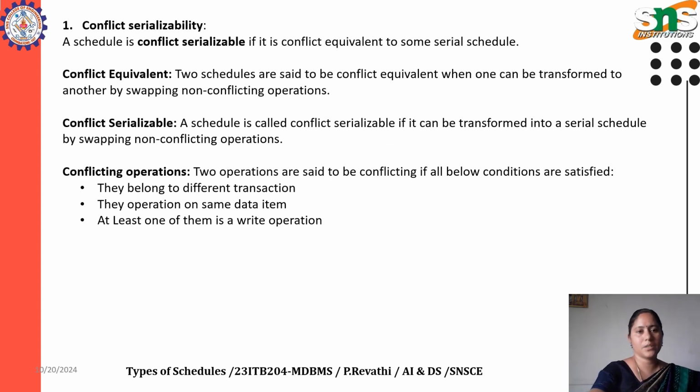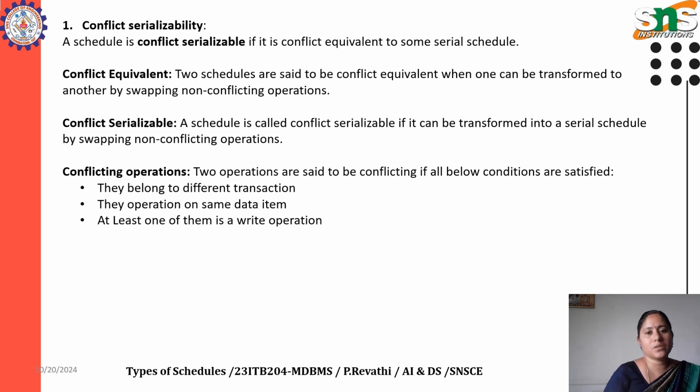Conflict serializability. A schedule is conflict serializable if it is conflict equivalent to some serial schedule. What is meant by conflict equivalent? Two schedules are said to be conflict equivalent when one can be transformed into the other by swapping non-conflicting operations.